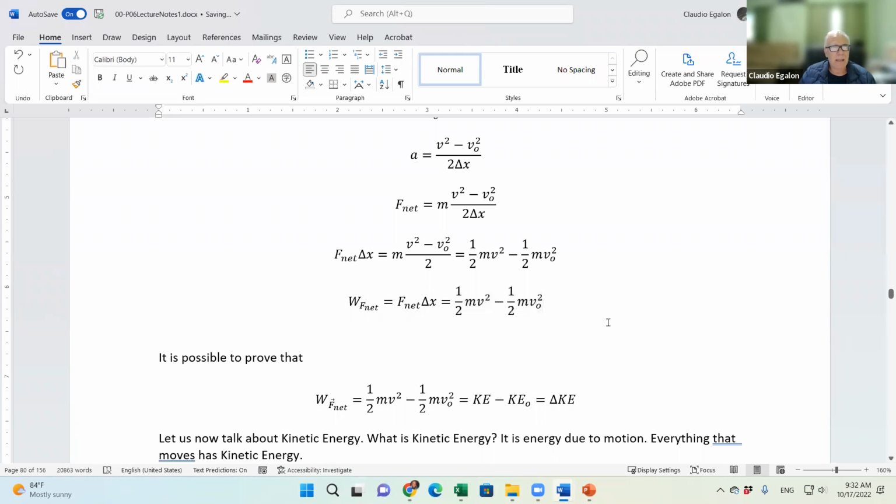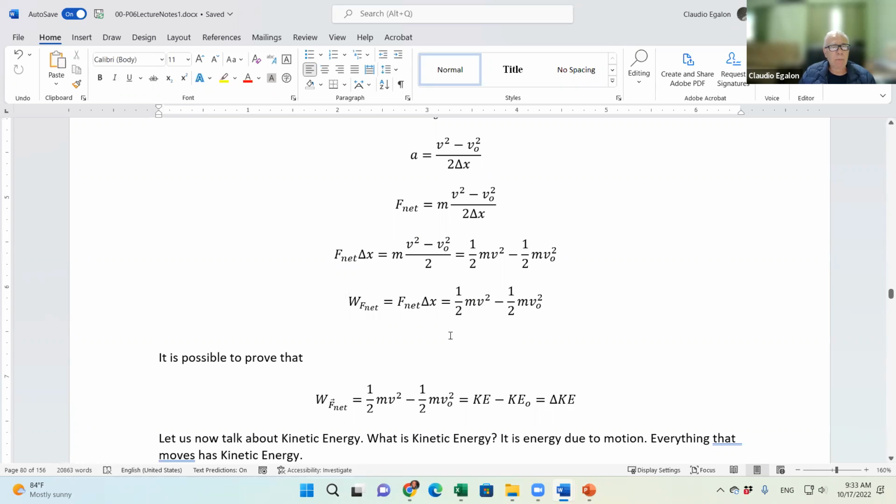What you see right in here, since work has units of joules of energy, is also going to have units of energy. And because we have this velocity written down here, this type of energy we give a name. We call it kinetic energy.